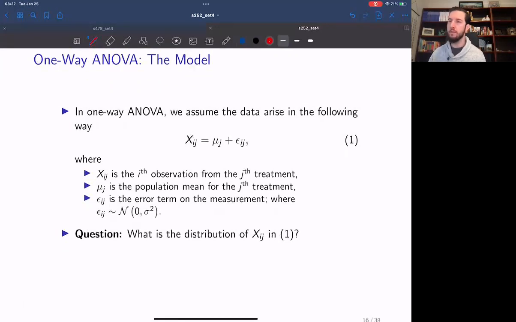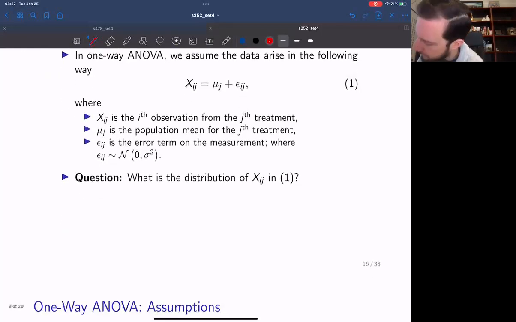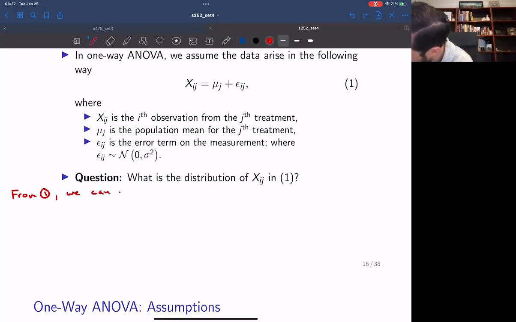Okay, so what this essentially means is that from equation 1, we can write xij is distributed normal with mean mu j and variance sigma squared.